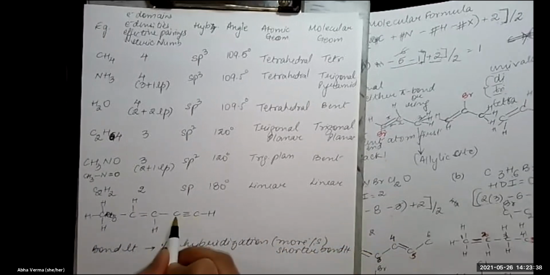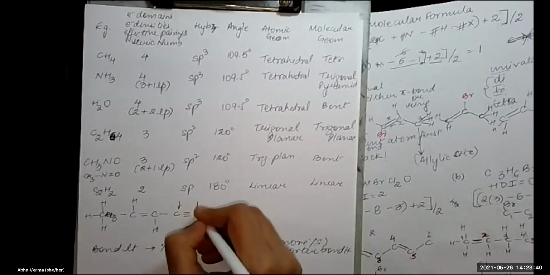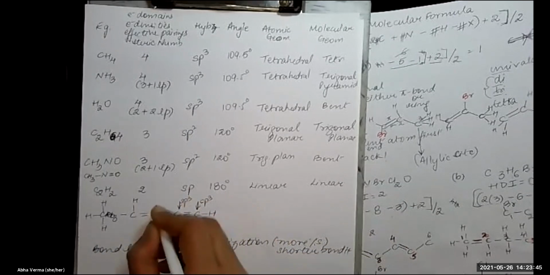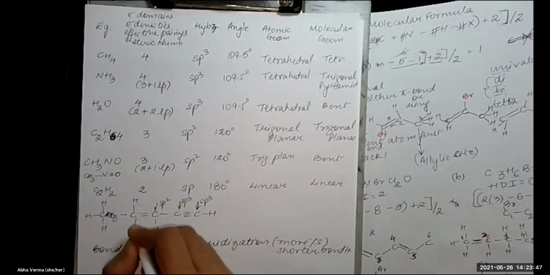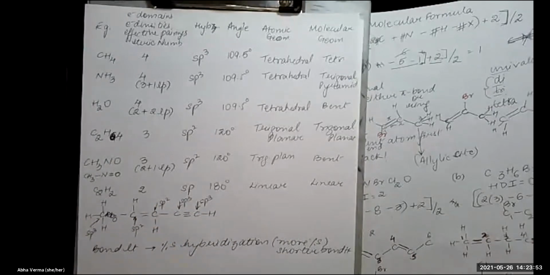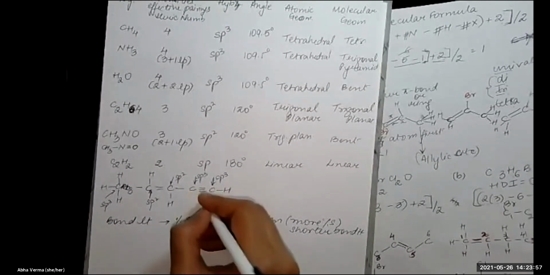If you look at both of these carbons, this is sp3, this is sp3. This is sp2, this is also sp2. This is sp3. So if you look at all these bonds, A, B, C, the single bond, this will be the shortest bond.